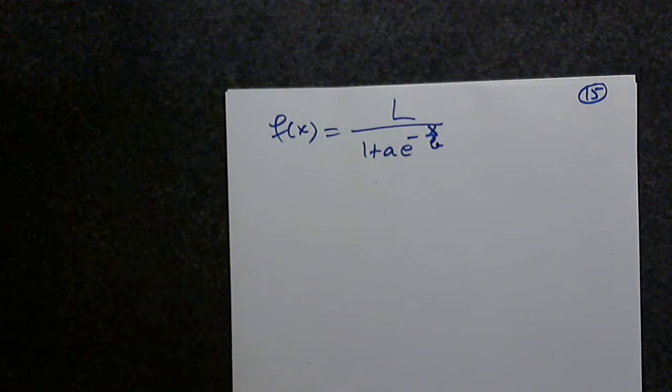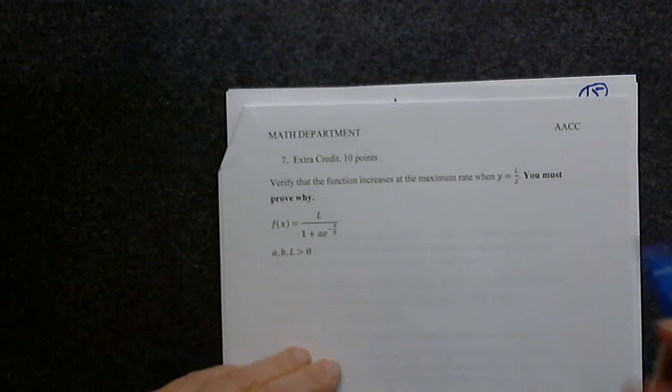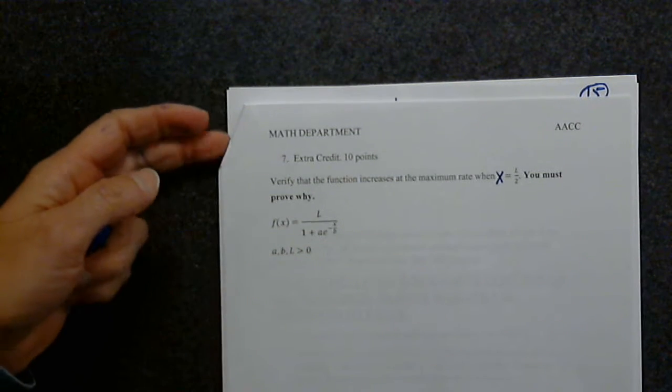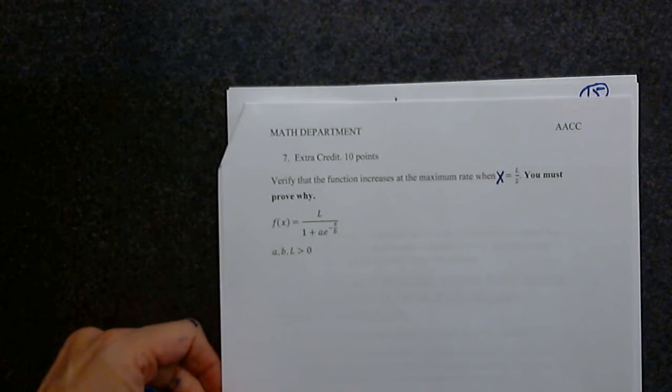Okay, so it says that the function increases at the maximum rate when y equals L over 2. Oh, sorry. There's no y in this problem.